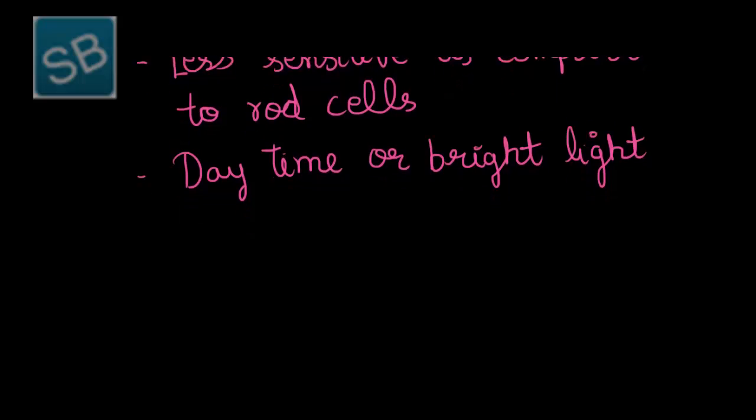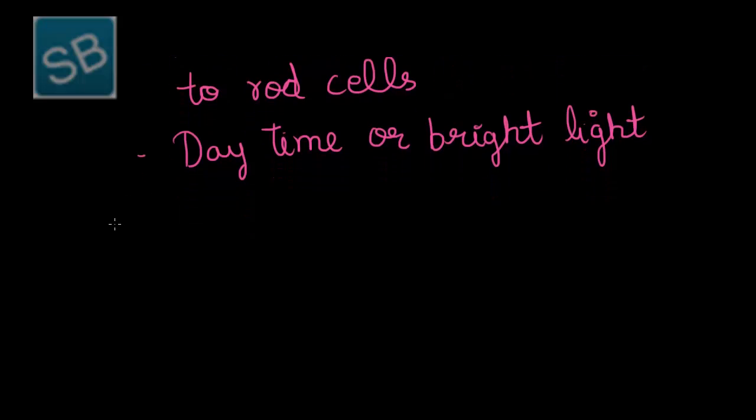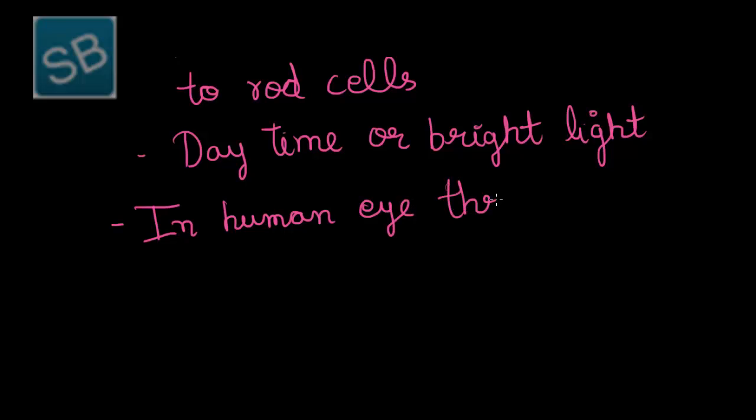In the human eye, however, three types of photopigments or cone cells occur. Since the cone cells are of different types, the photopigment present in them would also be different.